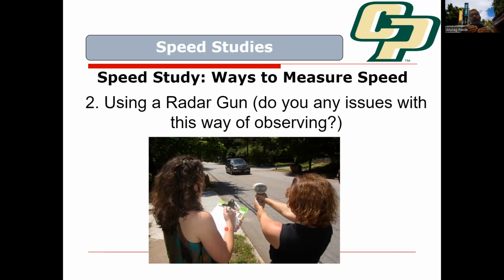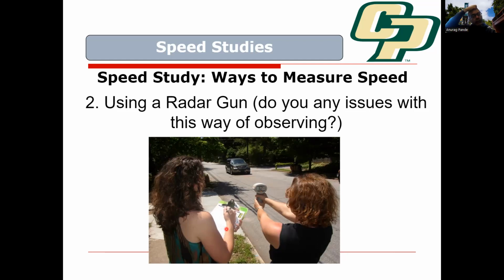So this is a situation where what we are observing alters its behavior based on the process of being observed. And that's a big no-no in experimental studies. We never want the behavior of something that we are observing to be altered by just the process of observing.